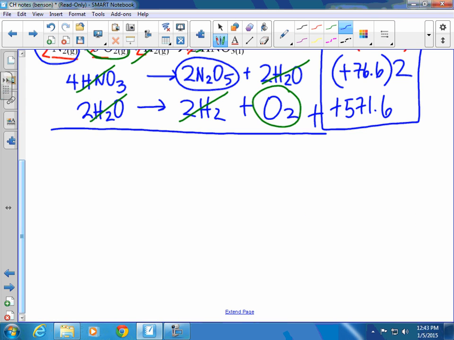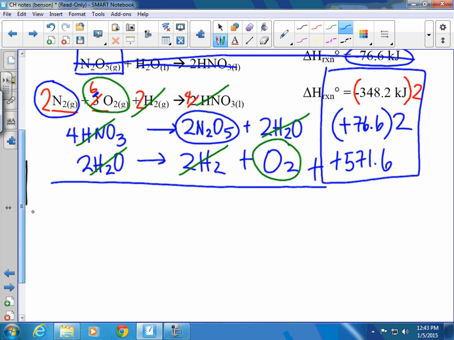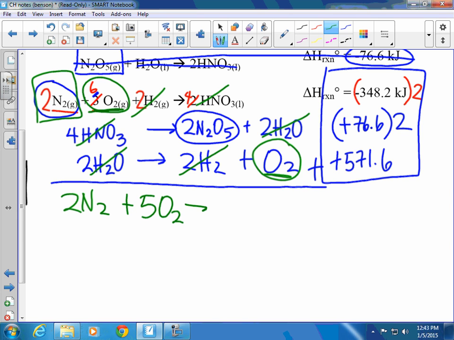And when I do that, I'm going to get my resulting answer. So when I take a look at my equations that I have here, I have my 2 nitrogen, I have my 6 oxygen here, plus 1 more over here is going to give me 5 on the left-hand side. And all I have left is my 2 nitrogen, 2 moles of dinitrogen pentaoxide.